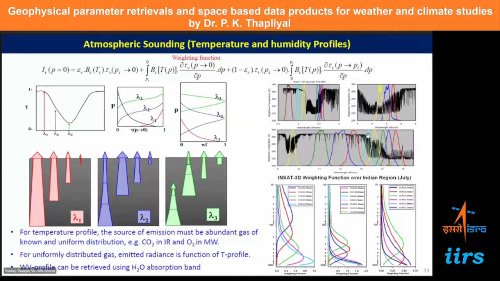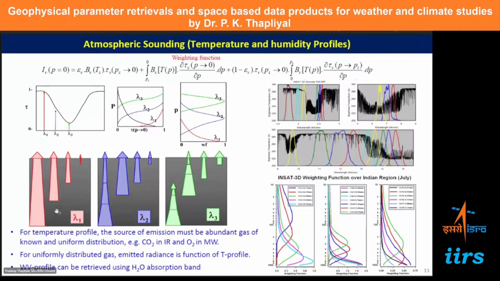But for this absorption band, I am only concerned about CO2, because only CO2 is absorbing in this band. So CO2 is not absorbing much at lambda 1, very small absorption is there. So the radiation which is emitted by Earth's surface is able to reach the satellite.